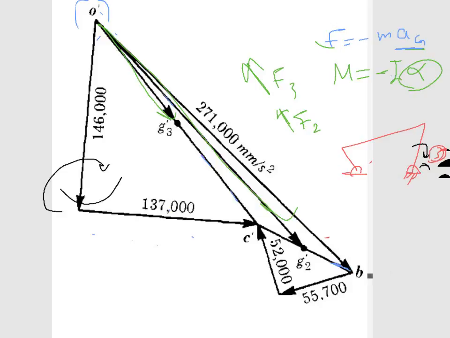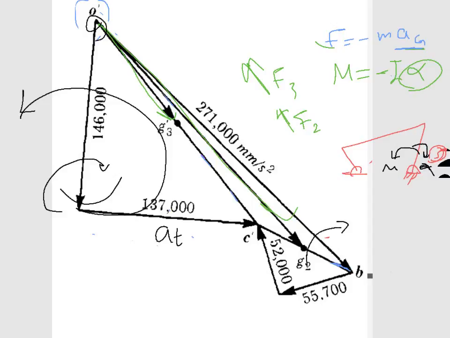But for the moment, this is alpha, sorry for the handwriting, the moment will be in the opposite direction. So we directly take the direction of the tangential using the pivot. Same principle for number 2. Here.